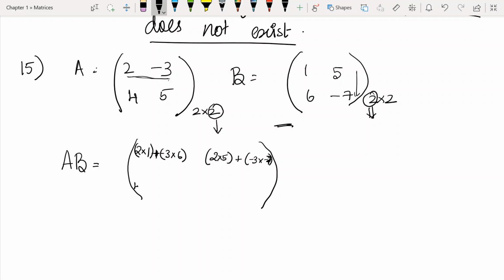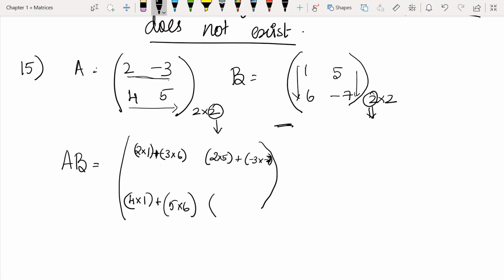Now second row and the first column: 4 into 1 plus 5 into 6.